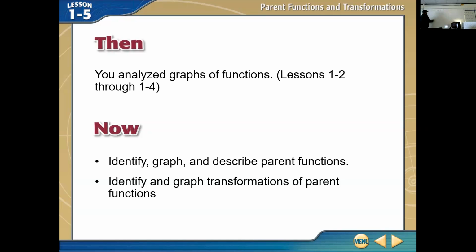Okay, so if you look, I have quite a few parentheses drawn just with function notation of f of x. This outside, this k, this is your vertical transformation.